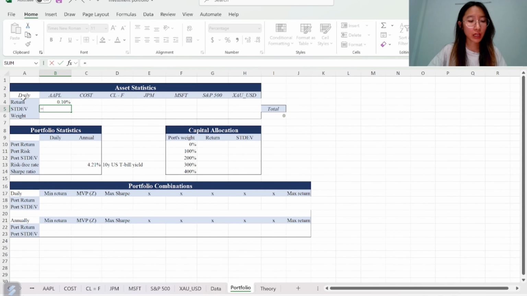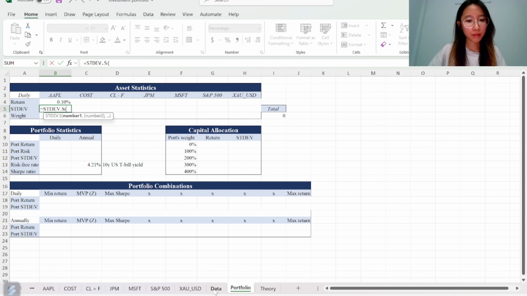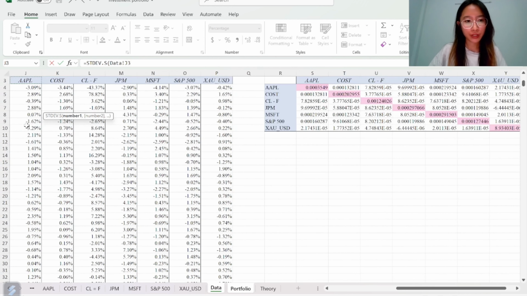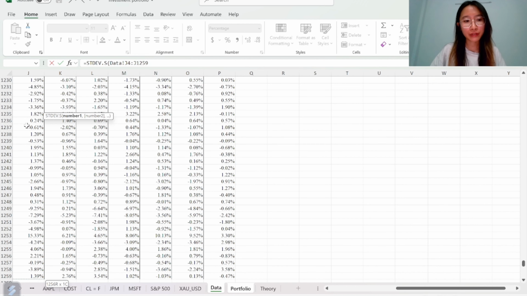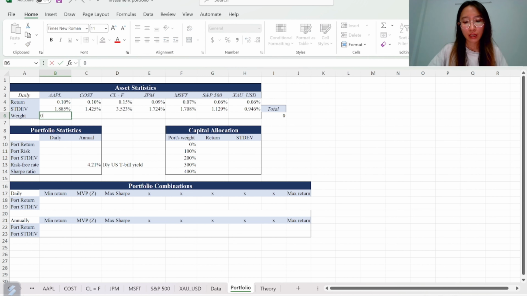For standard deviation, actually you have two options: you can take the sample standard deviation formula and apply it to the returns here, or you can take the square root of the variance that I highlighted previously. For the weight, let's randomly assign it, so later on we will change the weights to create portfolio variance.